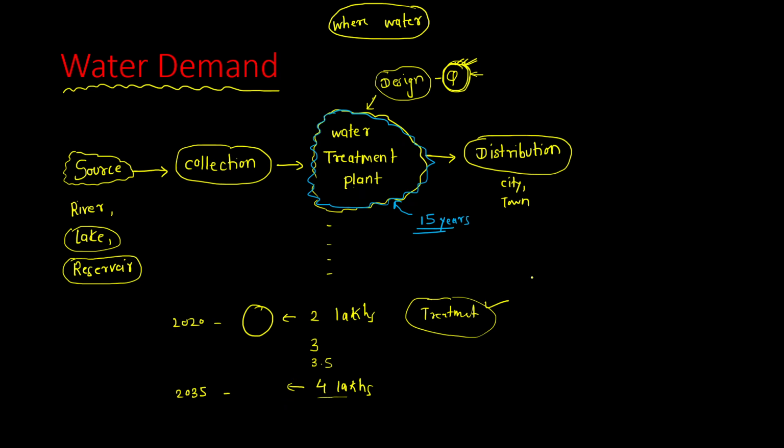When the population increases, the water demand will also increase. If water demand increases, that means the Q value will increase. And if the Q value increases, the size or the capacity of the treatment plants has to increase. Then only the treatment plant can meet all the requirements of the community. I hope you are getting this point.